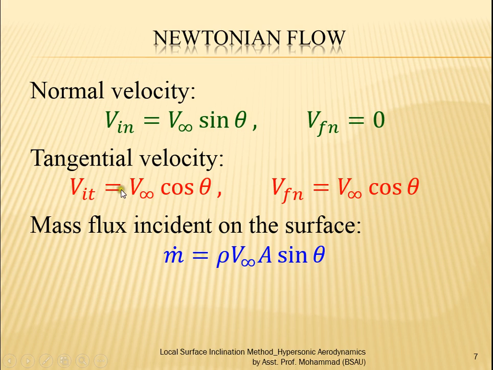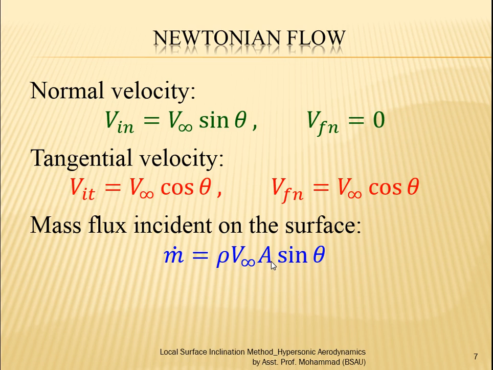The tangential component change is 0, because final and initial are both the same. And then this is the mass flow rate: rho v times the area. This is the effective area on which the fluid is coming, so the cross sectional area of the fluid flow is A sin theta.